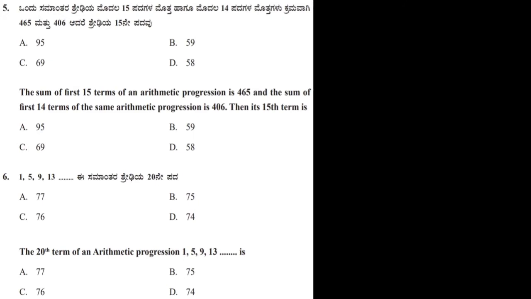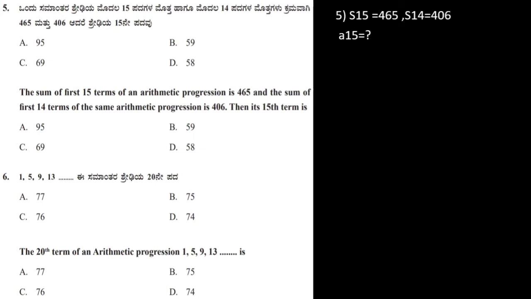Here we have the fifth problem. The sum of the first 15 terms of an AP is 465 and the sum of the first 14 terms of an AP is 406. Then its 15th term is? We gave similar types of problems for the third term and fifth term. Here we have S15 is 465, S14 is 406. We need to find A15.